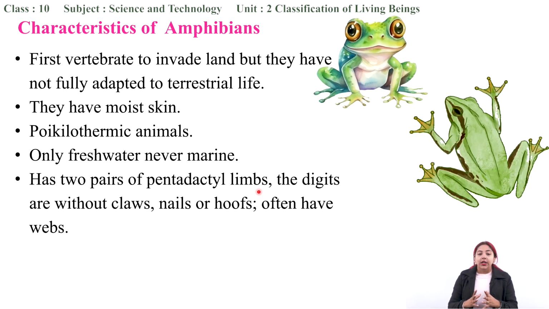Now, they have two pairs of limbs. You can see they have the forelimbs and the hind limbs. And those forelimbs and hind limbs are pentadactyl, means they have 5 digits, as you can see over here. And the digits are without claws. You can see that the animals do not have claws, or they do not even possess any hoofs.